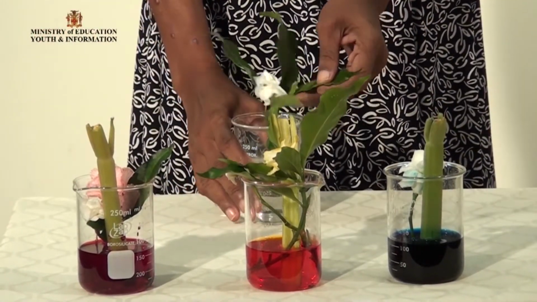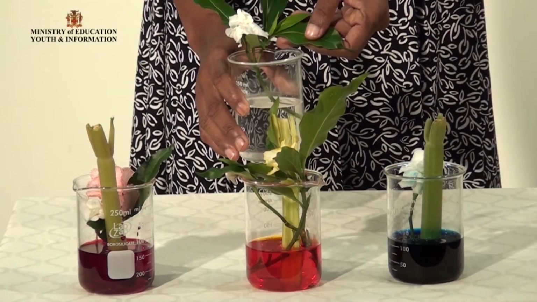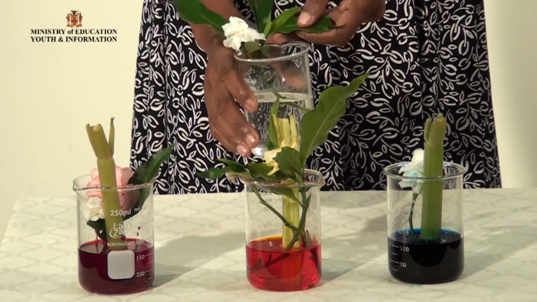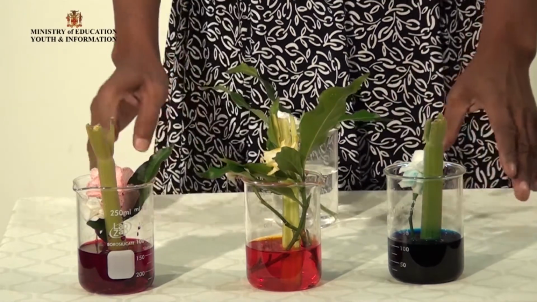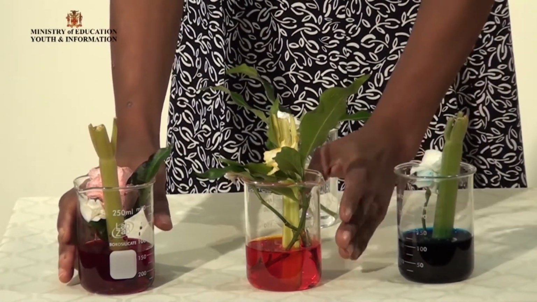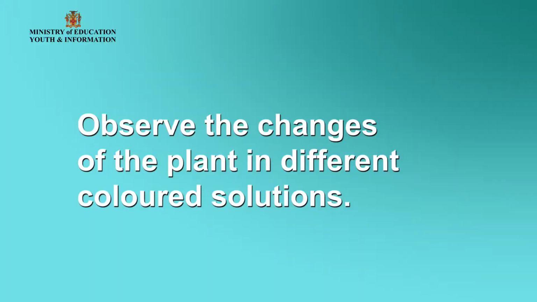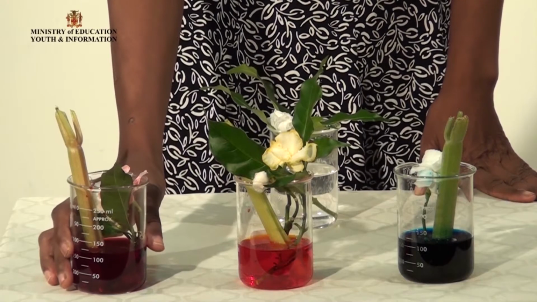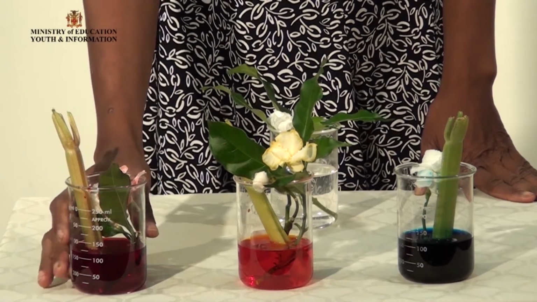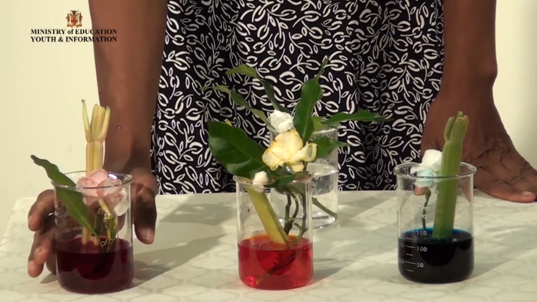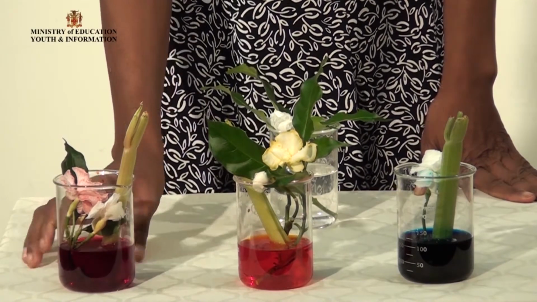So notice the color of the flower before we began our investigation. What is that color? The color is white. Now let us look carefully at these different flowers of the same plant. We have not changed the plant, but we have placed them in different colored solutions. So in the red solution, you would notice that the flower has changed to a pink looking color.